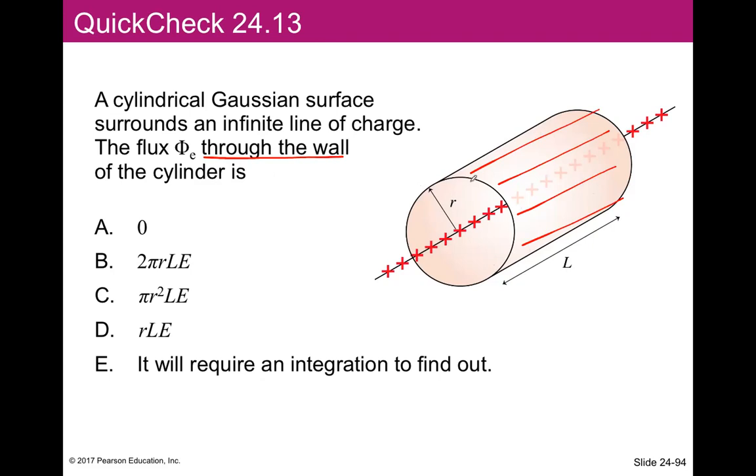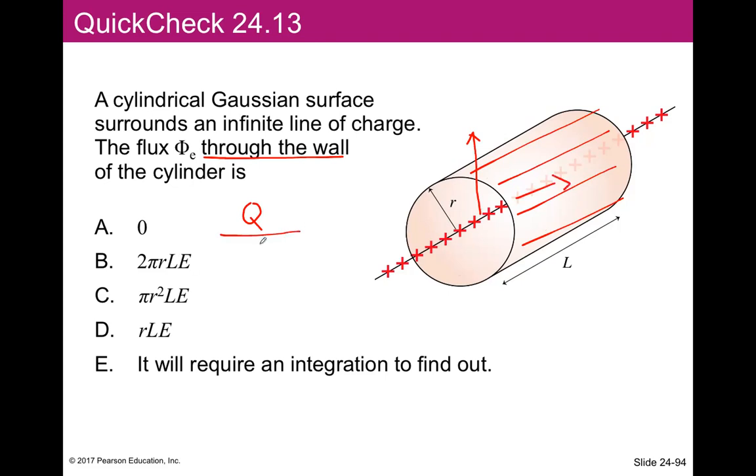you need to calculate the area. So you need to calculate the Q inside this cylinder, because the flux going through the wall is the flux going through the entire Gaussian surface, because no field lines are going through the ends. They're all going through the wall.